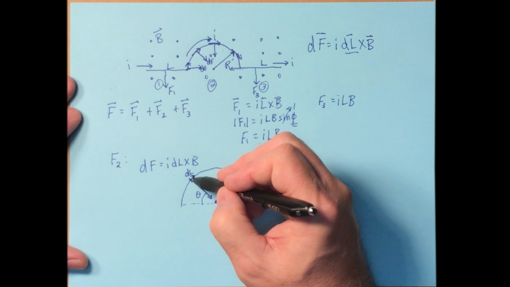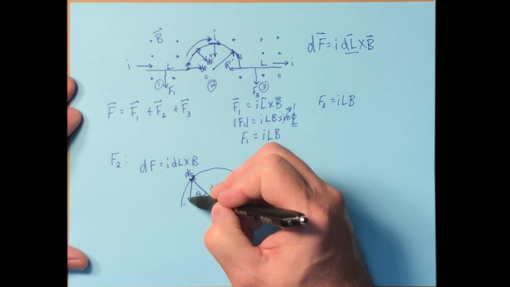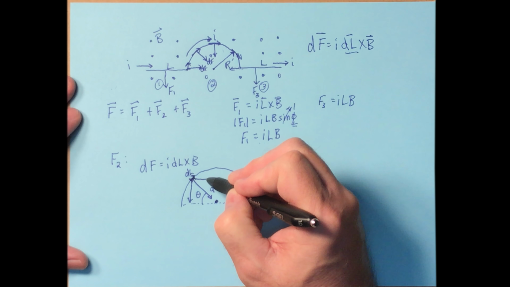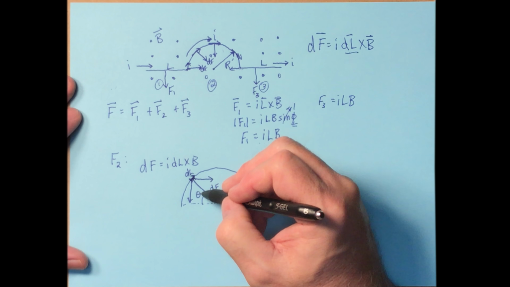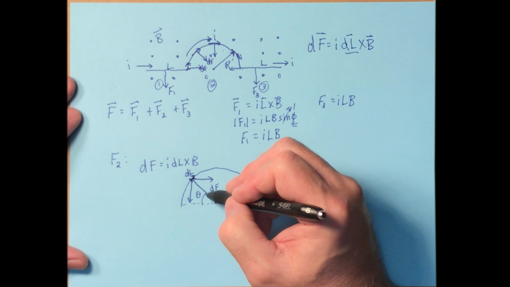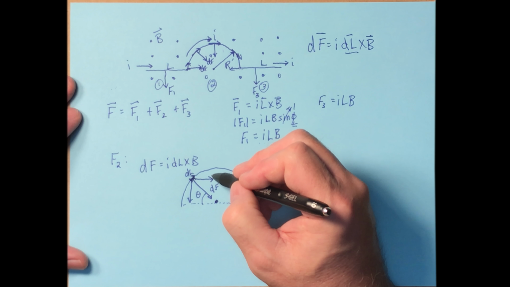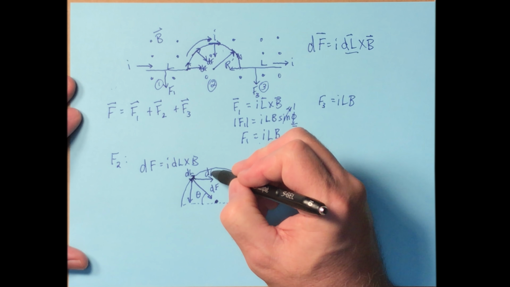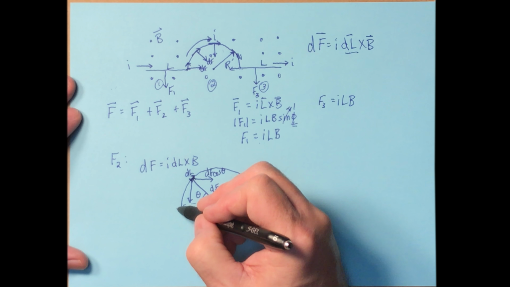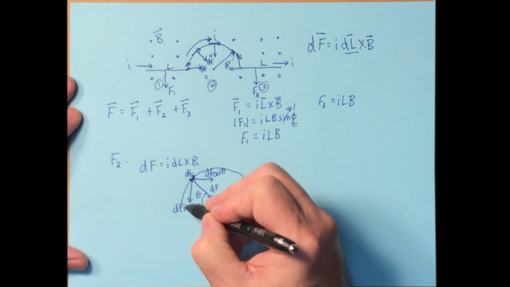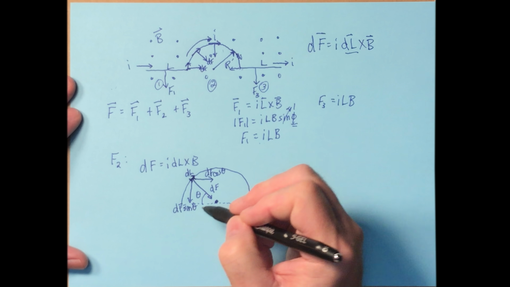If I break that force into components, I can break it into a component going that way and a component going that way. Based upon this angle, this component here is the dF cosine theta component, and the component going down is the dF sine theta component.